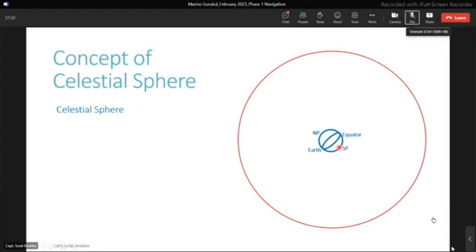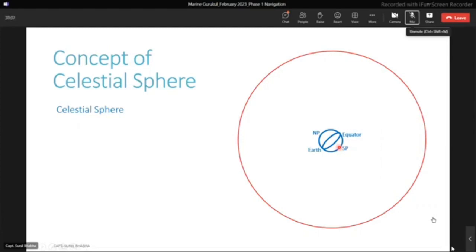So this is the reference we use on the Earth's surface, the latitude and the longitude. Now, how do we specify the position of celestial bodies on the celestial sphere? For this, we have made some references, very similar to the references on Earth. Let us now see the references we have on the celestial sphere.